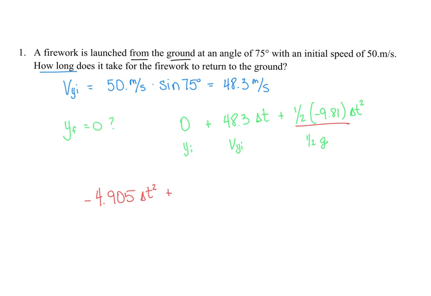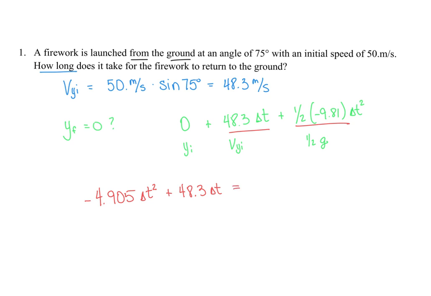Then I'm going to put just the time. Think about a quadratic formula, ax squared plus bx plus c, a quadratic equation. If I had an initial height, I would say plus my initial height, and in that situation, I would use the quadratic formula, right? However, my initial height is 0.